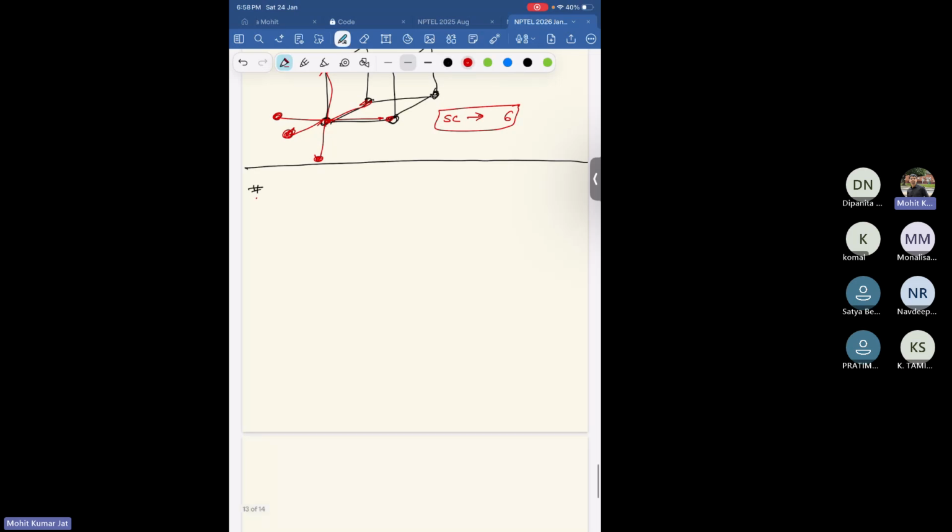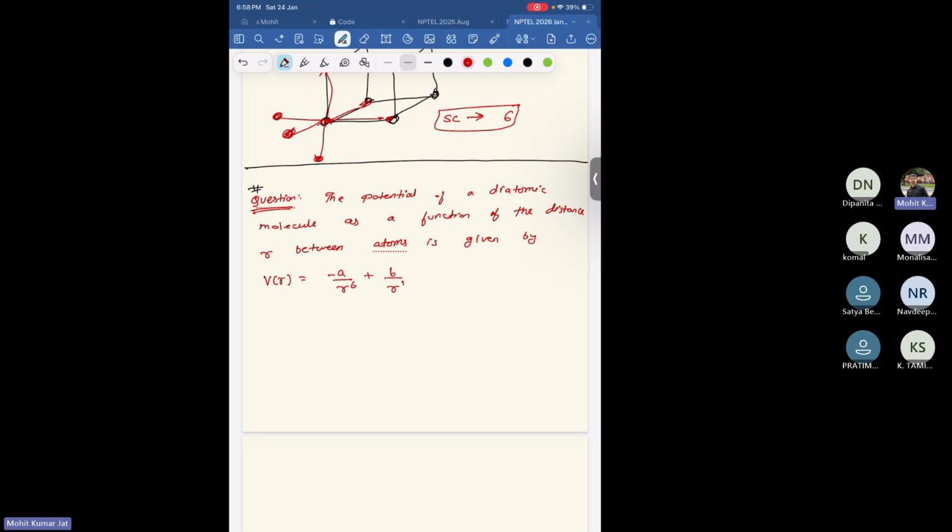The question is, you have the potential of a diatomic molecule as a function of the separation distance between them, given by V(r) equals minus A by r^6 plus B by r^12.